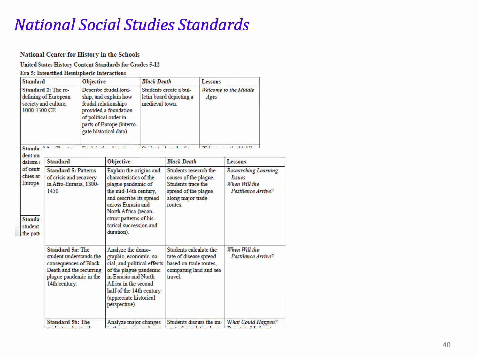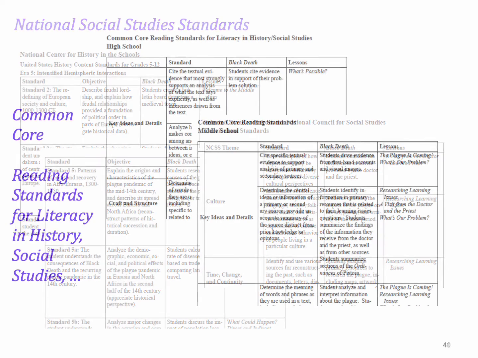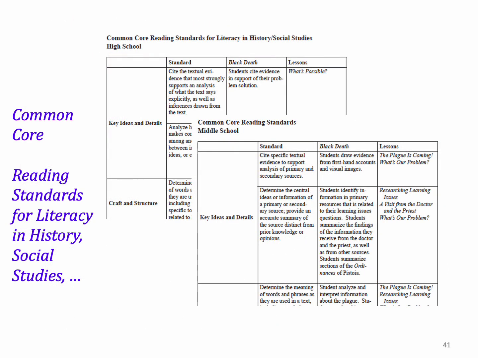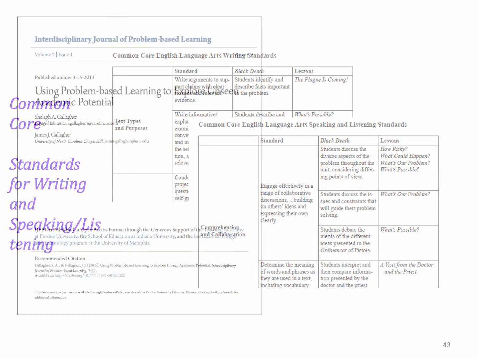Also in the back of the unit are a number of charts demonstrating alignment of the unit with national history standards and with standards from the National Council for Social Studies. There are also charts demonstrating the alignment between Black Death and Common Core standards for reading, as well as for writing, speaking, and listening.